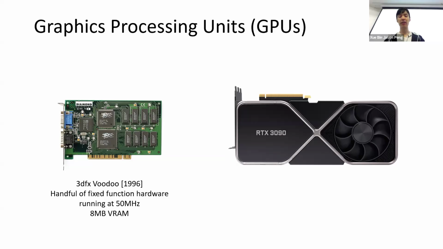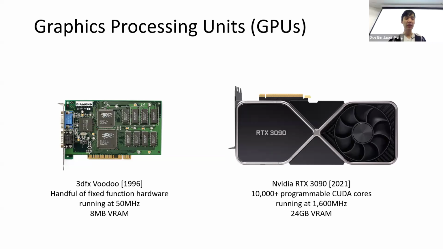Now, we can compare these early versions of GPUs with more modern GPUs like the RTX 3090. These modern GPUs have over 10,000 programmable CUDA cores, which means that the circuits on these chips are no longer designed specifically for a small set of fixed function operations. Instead, they can be programmed to perform more general calculations for applications that go beyond computer graphics.